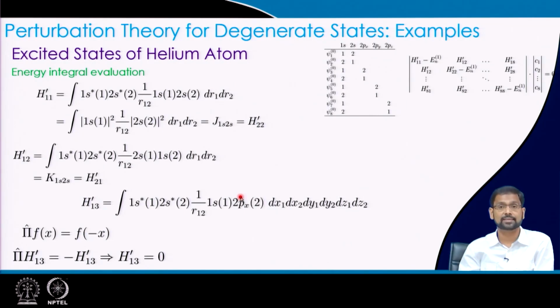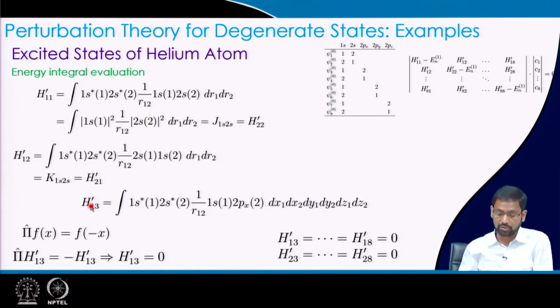Only 2px is anti-symmetric with respect to the x2 coordinate, because the 2px orbital has a nodal plane. Because of that, when I do this parity operation, h prime 1 3 will become negative of itself, which would violate parity, so this matrix element has to become 0.